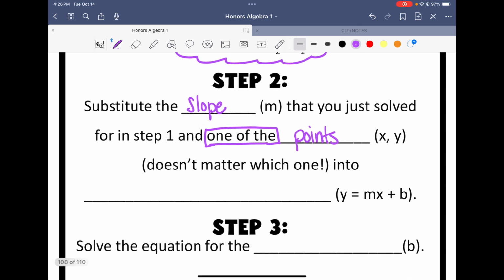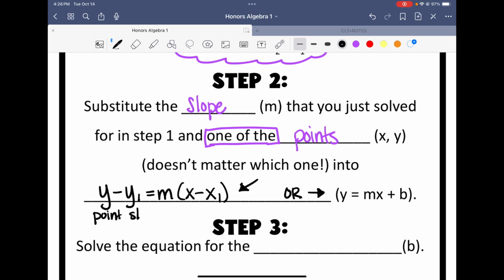Now you can substitute it into slope intercept form if you want to, and I'll show you how to do that. Or we can go straight into what we learned in our last lesson, y minus y1 equals m times x minus x1. This one gives us a little bit less work, but it will also work with slope intercept form. Point slope form only needs a point and a slope.